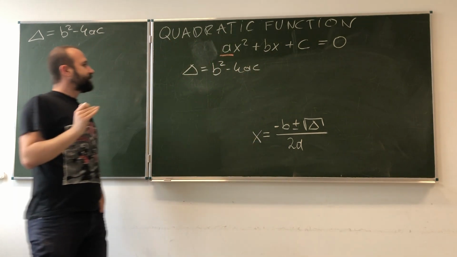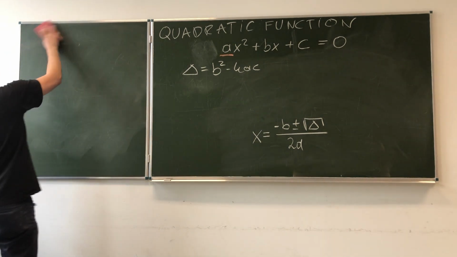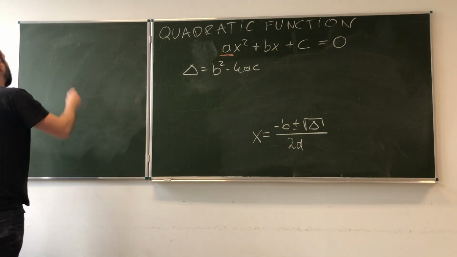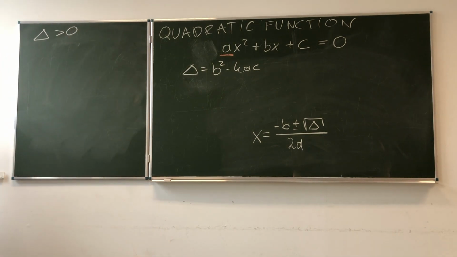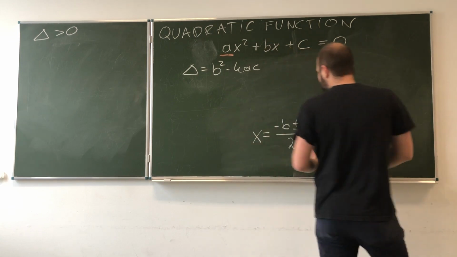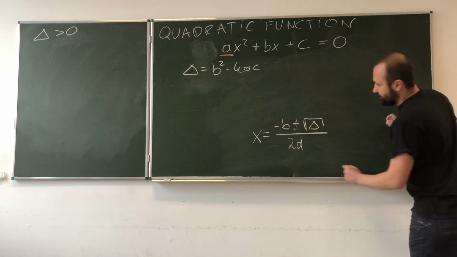And look, this means that we can get three possible cases in terms of delta. First, what if delta is a positive number? Well, if delta is a positive number, we can easily apply this formula, and look, what will we get? We will get two solutions.